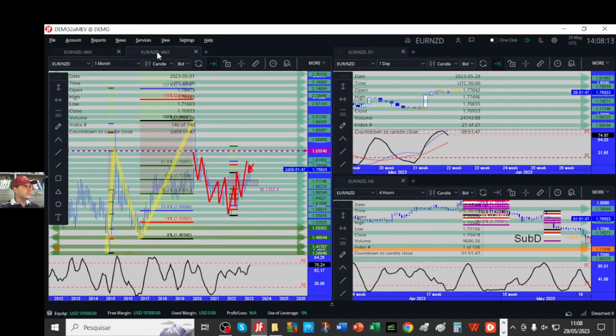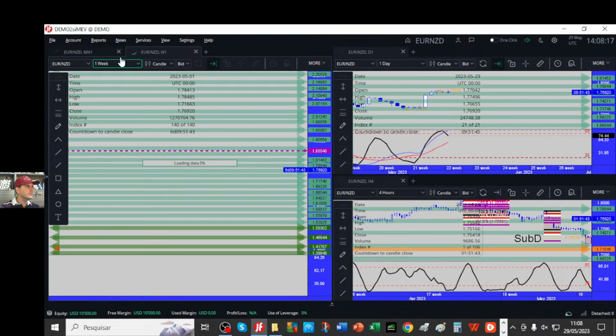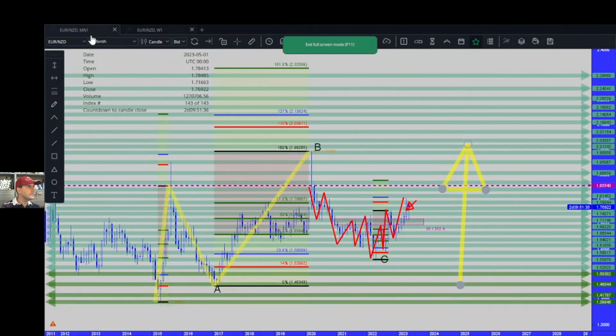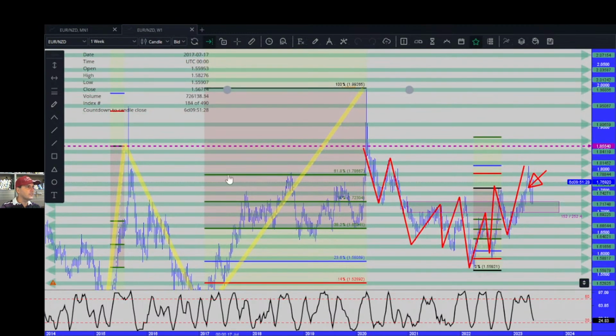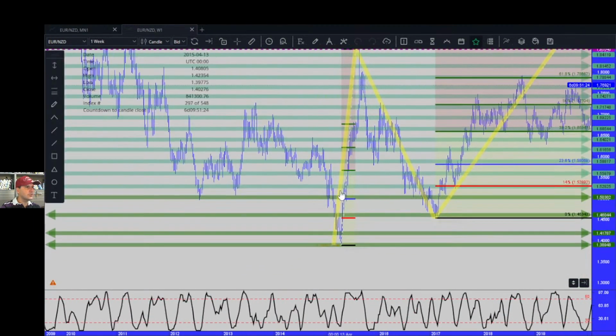How is your Euro New Zealand weekly chart? I believe I deleted it, so I need to redo. This is the monthly, this is the weekly. I'm going to redo the Fibonacci's on the weekly chart.